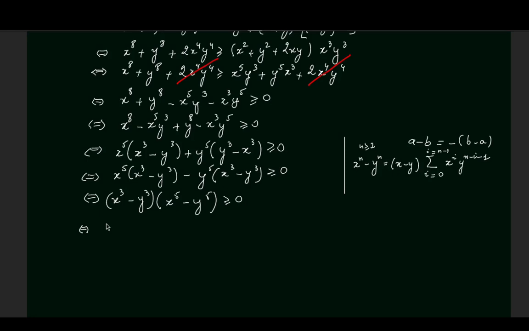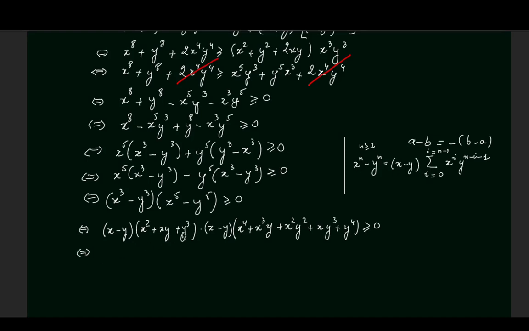So we'll factor this one: x minus y times x squared plus xy plus y squared, times the second one, x minus y times x to the 4th plus x cubed y plus x squared y squared plus x y cubed plus y to the 4th, of course greater than or equal to 0.